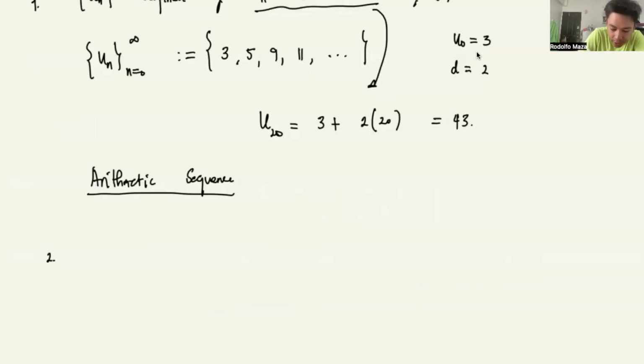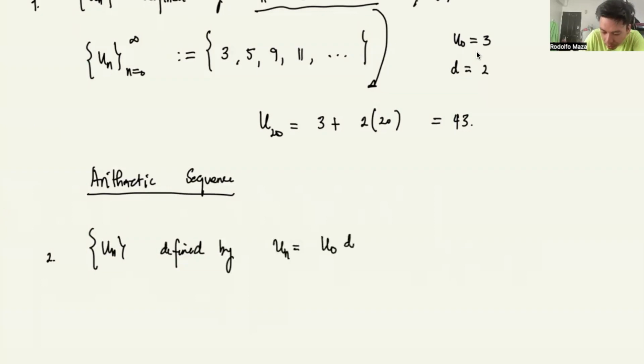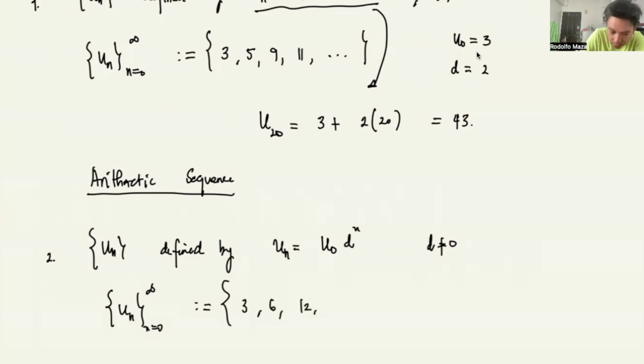Okay, another example. Let's say your u sub n is defined by u sub n equals u sub 0 times d raised to n. So yung d mo again is not 0. So we have an example as, let's say, 3, 6, 12, 24, and so on. So anong ibig sabihin nito? This means that your u sub 0 is 3 and your d is 2.